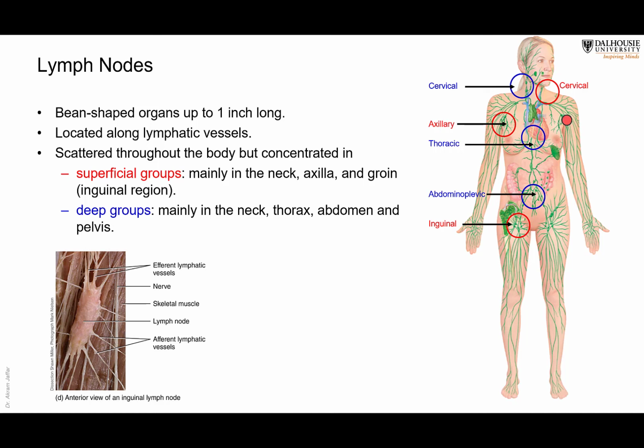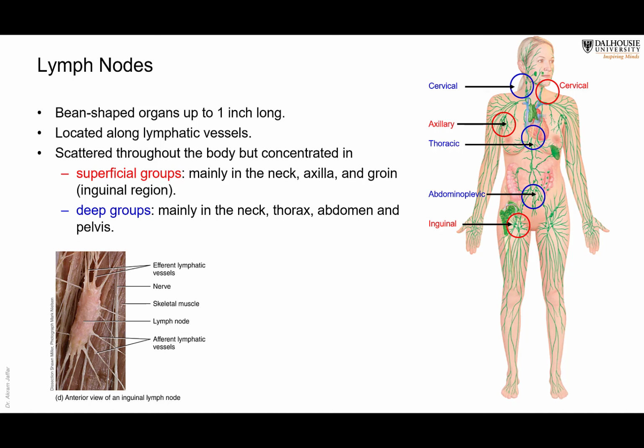Here is in the axilla, and so in the axilla they will start inducing the immune response, and the cells will proliferate, and so the axillary lymph nodes increase in size. That's why you will be able to feel them, because they become larger in size, they become tender, hot, because they are the first filter.